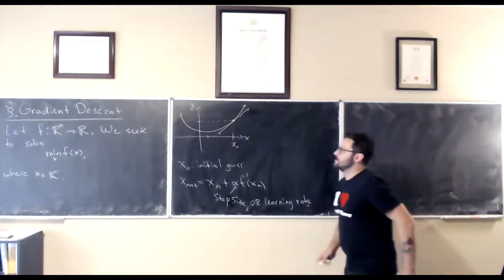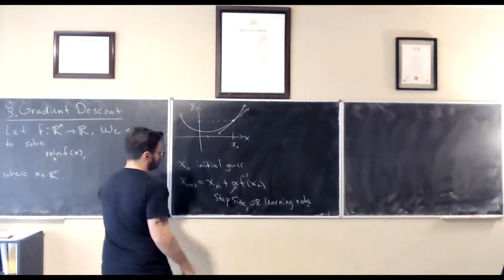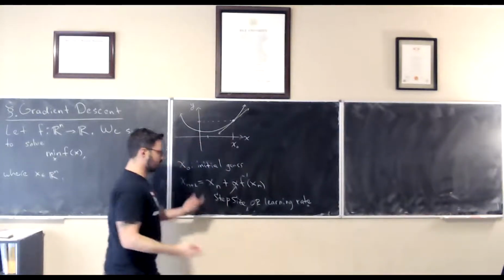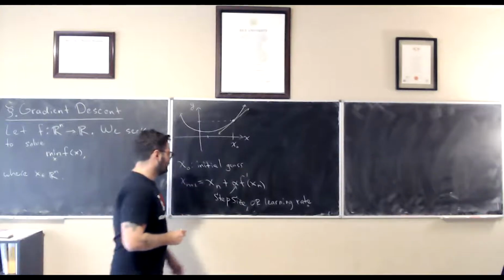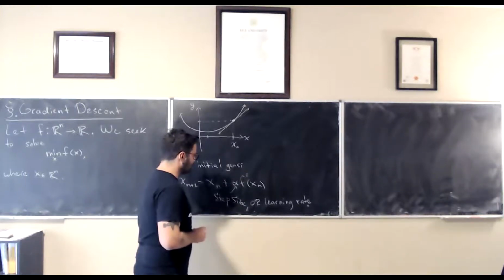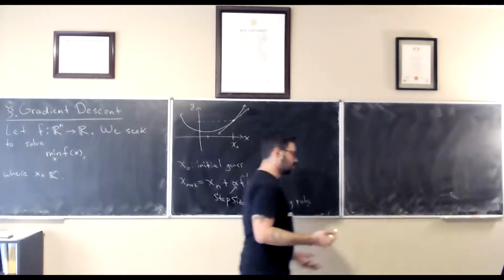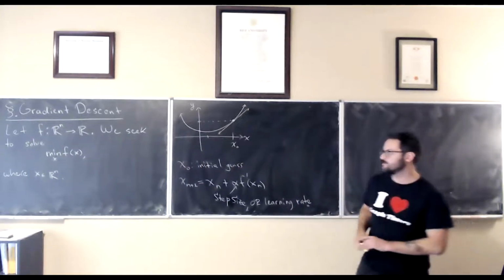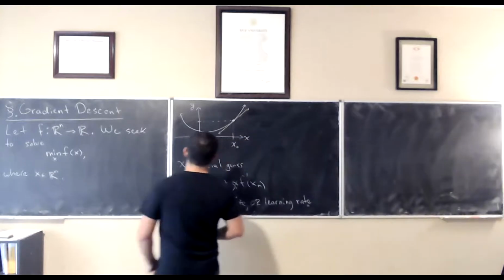Okay. And alpha is typically some small number, some ratio that you will choose based off of just experimental evidence. And we'll look at an example in a moment.